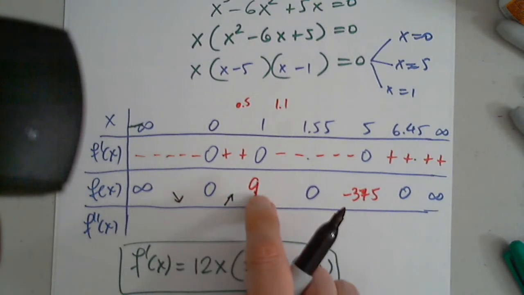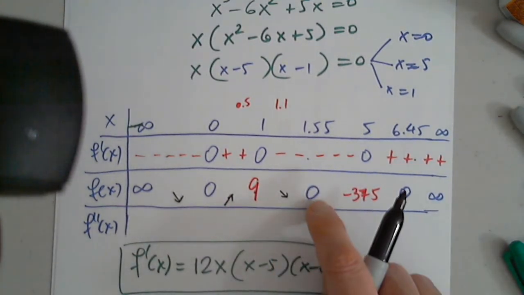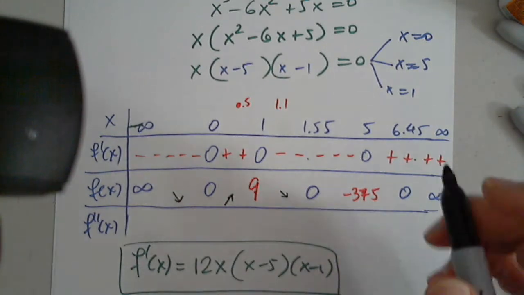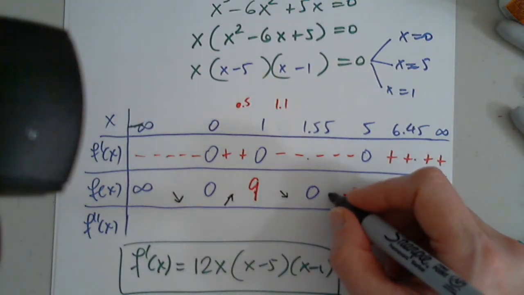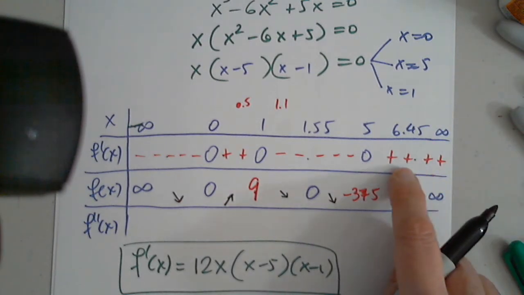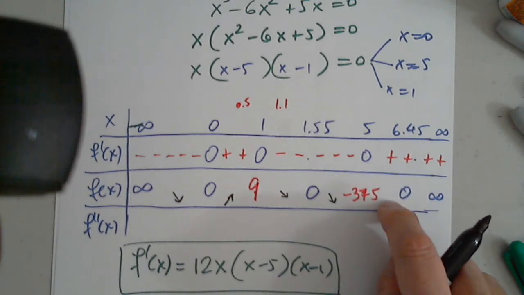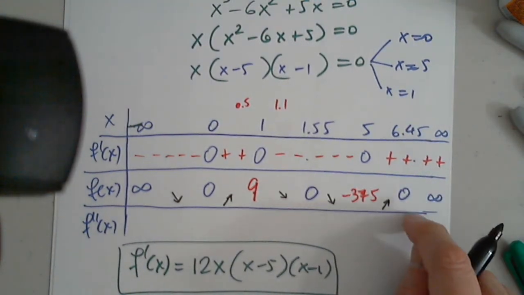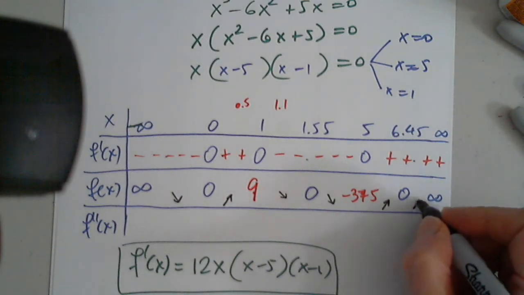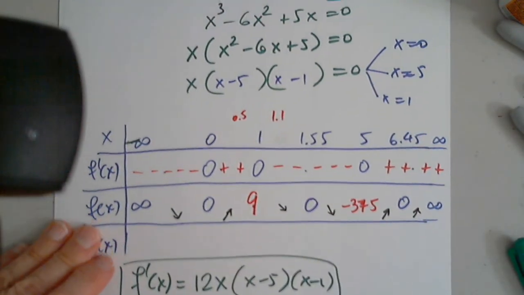Decrease. Good. From 9 to 0, is that correct? Yep. From 0 to negative 375, is that correct? Yeah. Good. What does the function do here? Increase. Good. From negative 375 to 0, is that correct? Yes. And from 0 to infinity, is that correct? Yes. Okay. Good. We move on to the second derivative.